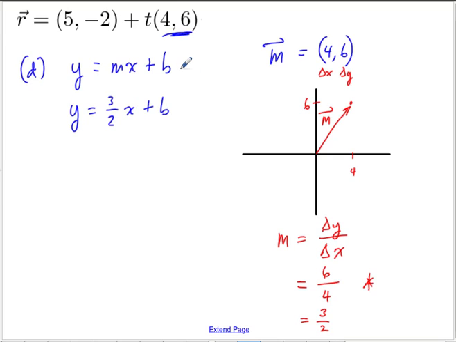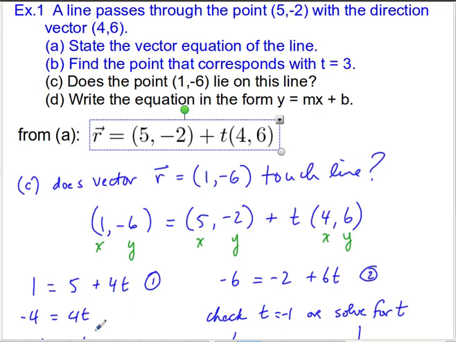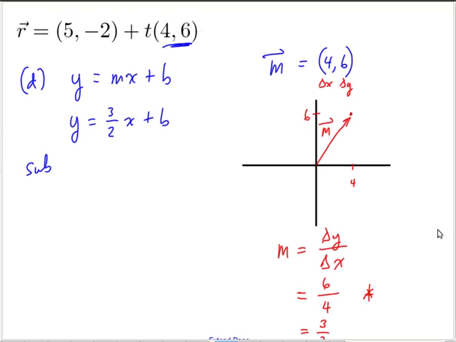And then from there, we could sub any point that we know does lie on the line. Oh, actually, I don't need to go back for that, because we have it right here. We're going to sub the point P naught, which comes from R naught. So we know the point (5, -2) lies on the line. So I get -2 equals 3/2 times 5 plus b.